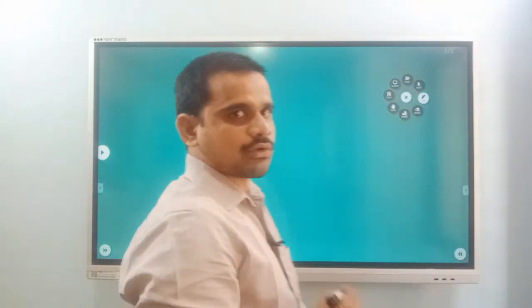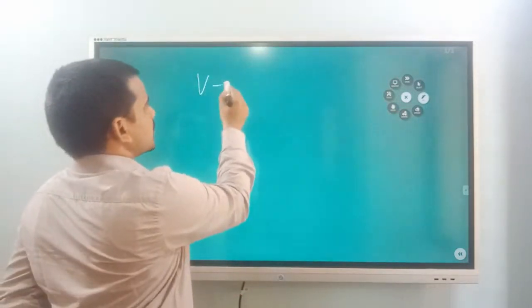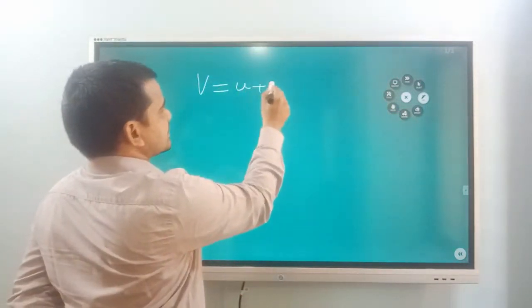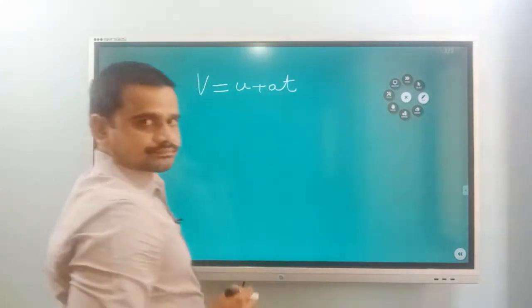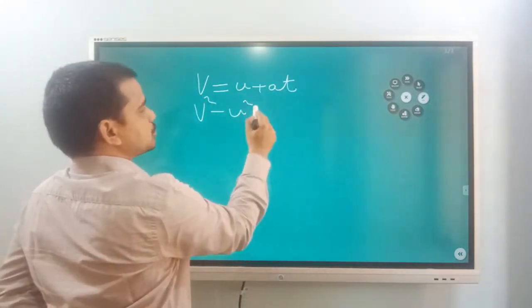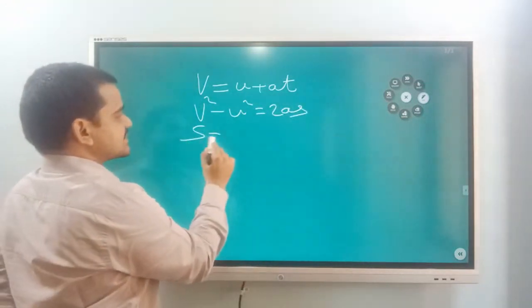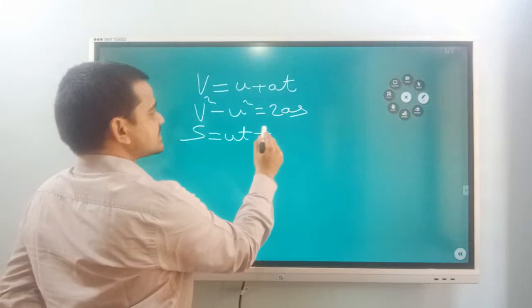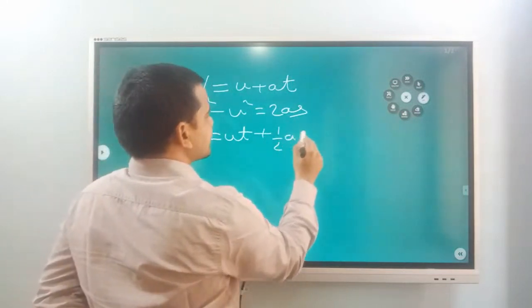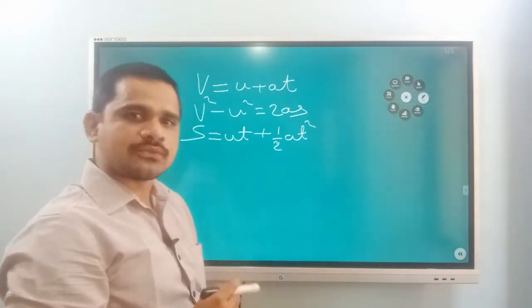As we saw yesterday, if you see the equations, one is V is equal to U plus AT. The next one is V square minus U square is equal to 2AS. The next one is S is equal to UT plus half of AT square.